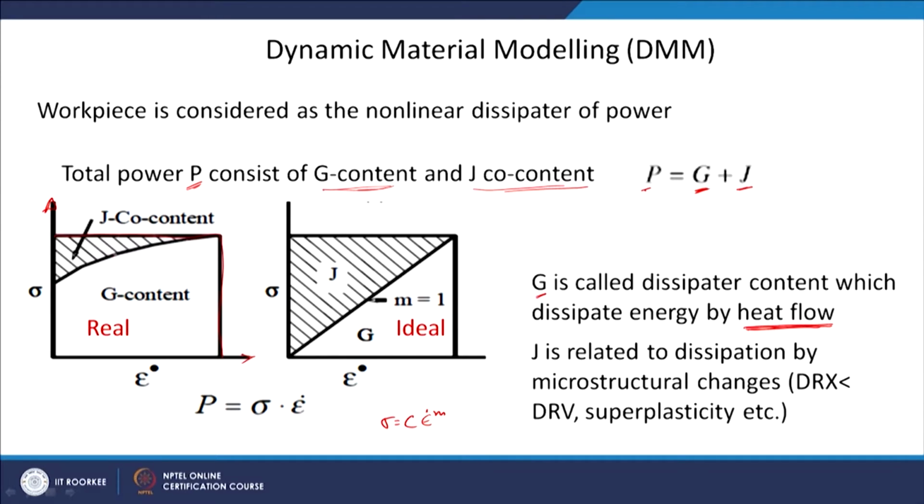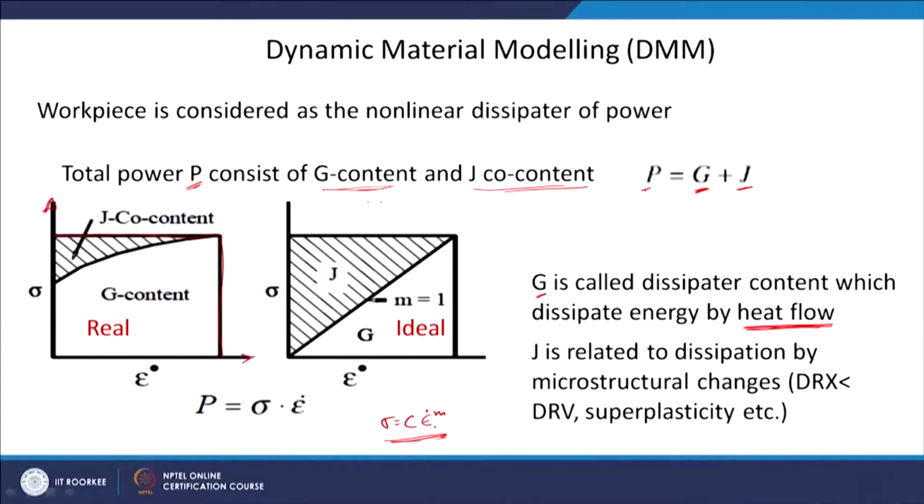It is a typical curve which you get whenever you look at stress and strain rate. The DMM model assumes a power law relationship between stress and strain rate, which may not be true in some other processing conditions, but for the processing conditions they were looking at, they considered it a power law relationship. That is why you see a non-linear variation of stress as a function of strain rate.